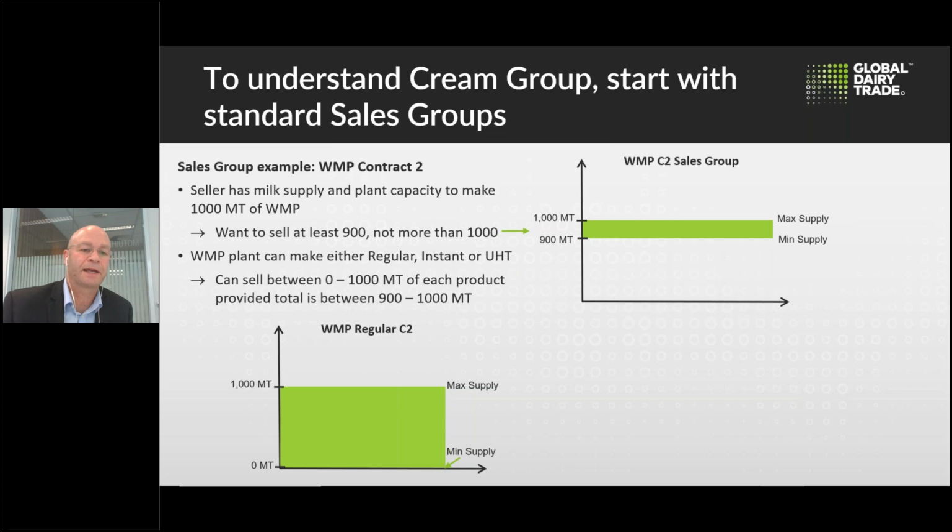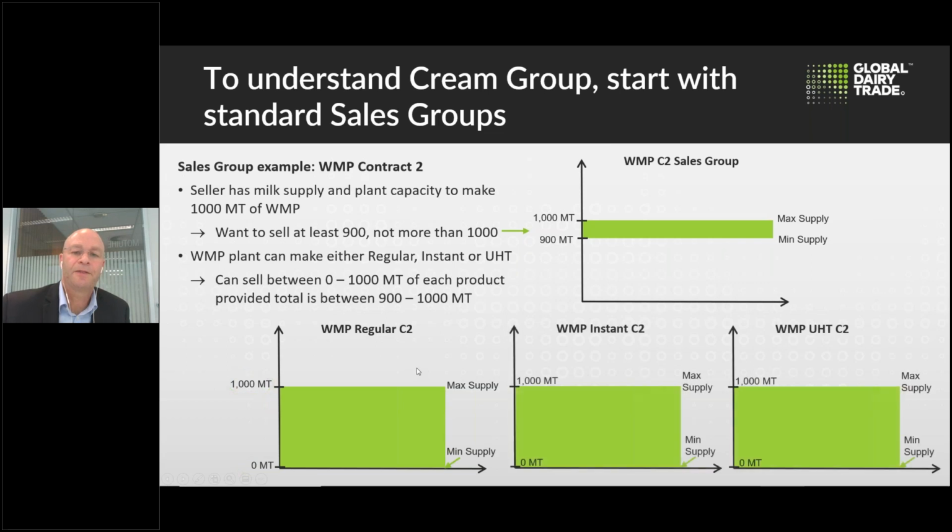So that's the min-max range. And then the other 2 products similarly have a supply range between 0 and 1,000 metric tons. So in total, we want to sell between 900 and 1,000 of whole milk powder, but any combination of these products to add up to the total.